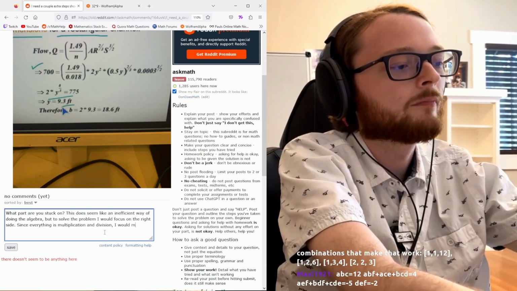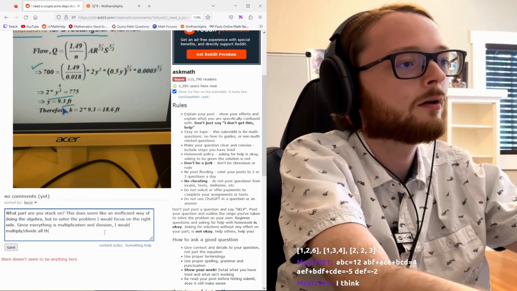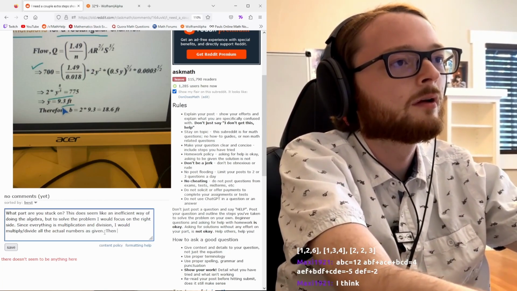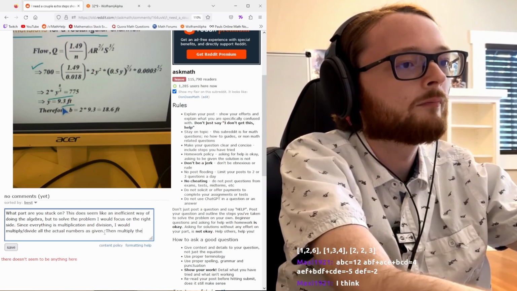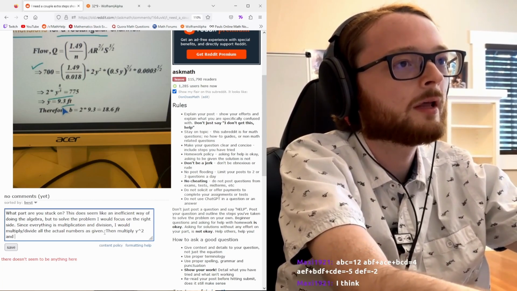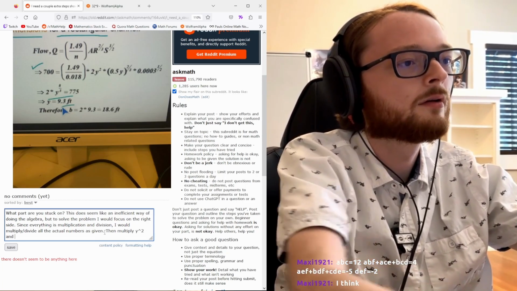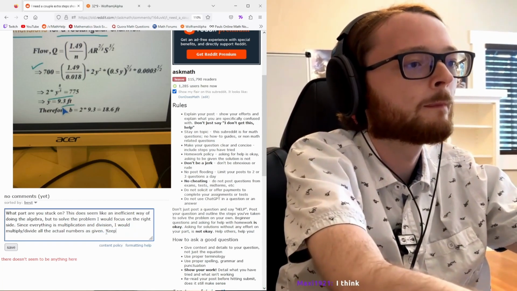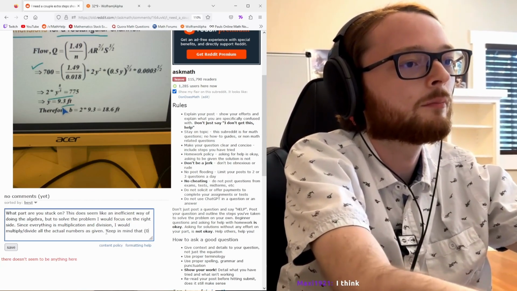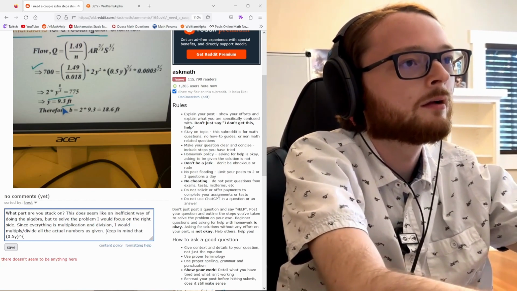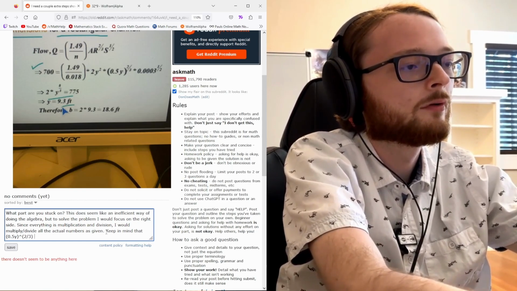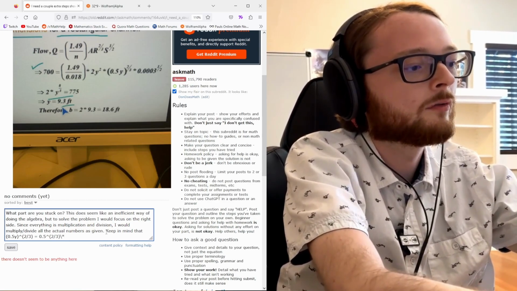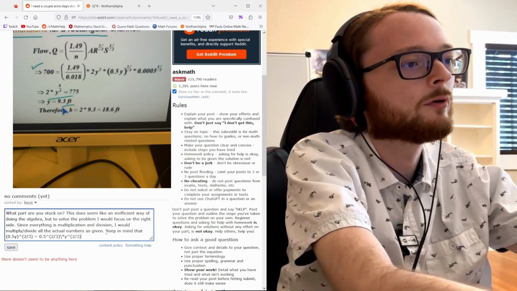I would multiply and divide all the actual numbers as given, then multiply y squared and, actually, keep in mind that 0.5y to the 2/3 is equal to 0.5 to the 2/3 times y to the 2/3.